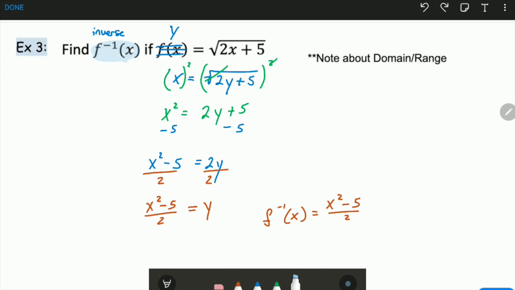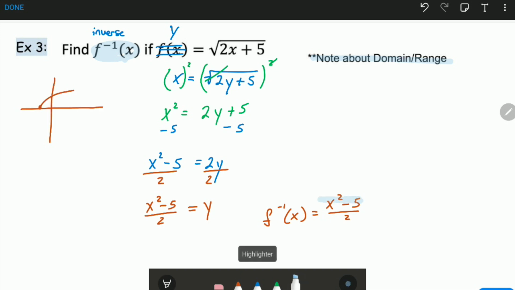Now let's talk about that domain range note I have over here. Now this original function is a square root function. The square root function looks kind of like this. We'd be moving over here like that, something like that.